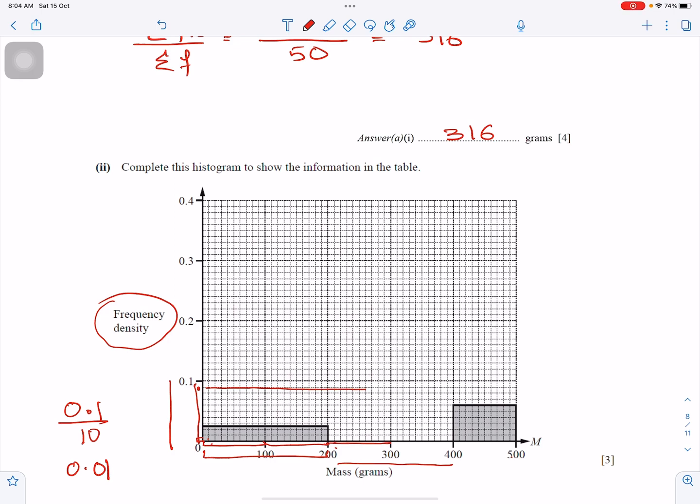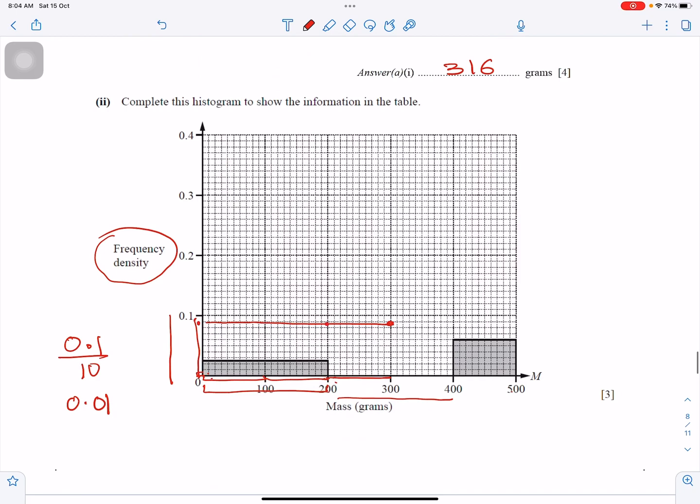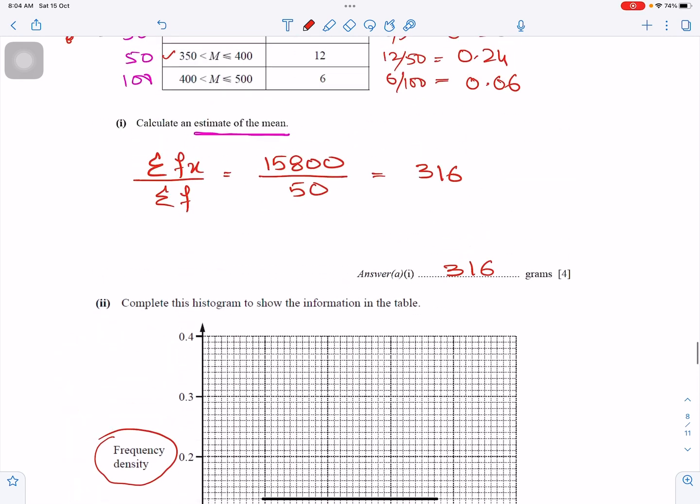So my bar will be from here till here for 200 to 300. Okay, so let's draw the line neatly here. So this will be the bar for 200 to 300.